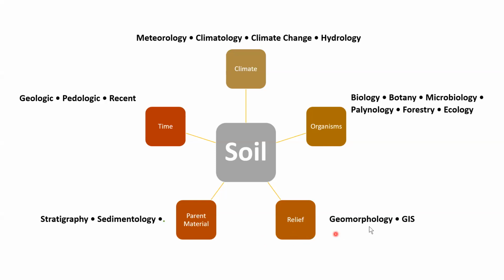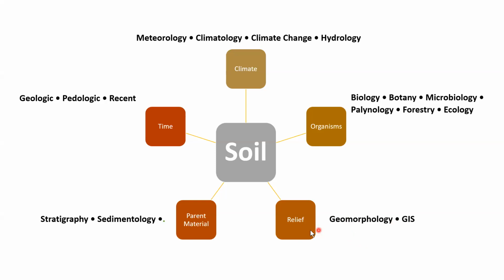Then we have relief, which is relevant to geographic information systems. That can tell us about the topography of the soil, the geomorphology, the structures of the soil, and the physical appearance of the soil.